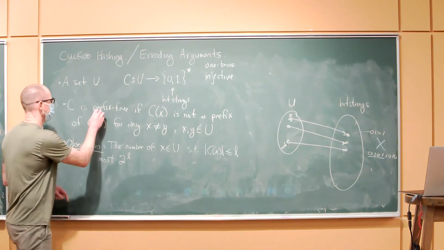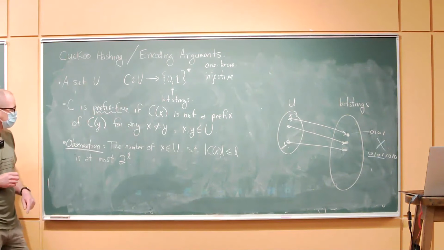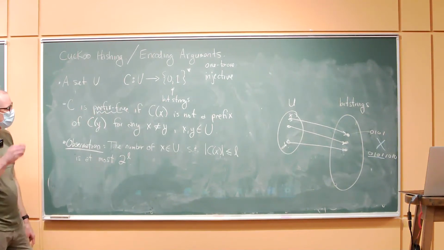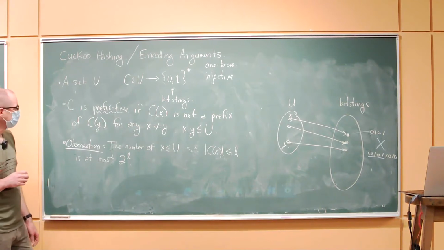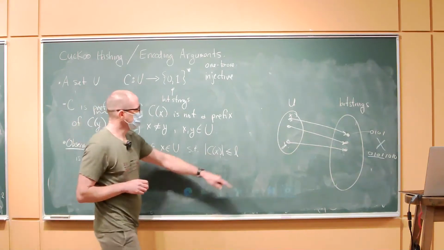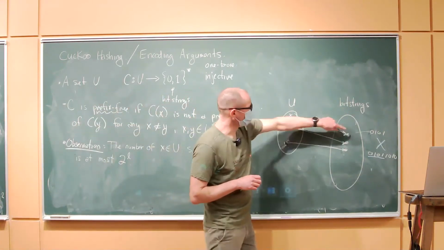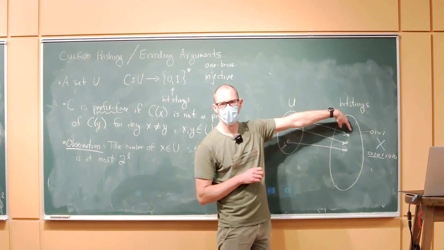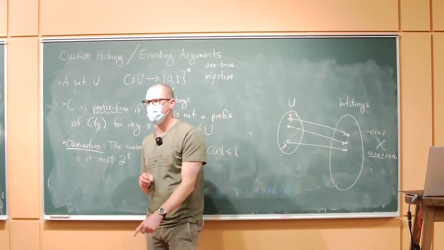Okay, so that's very easy to see. So the way to do that is to say, what we're trying to count here is the number of things over here which give you a code word whose length is less than or equal to L. The less than or equal to is annoying.